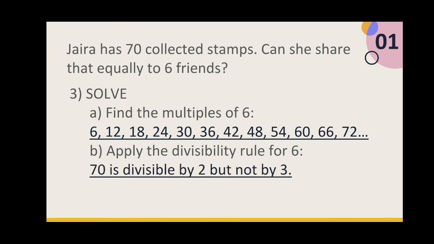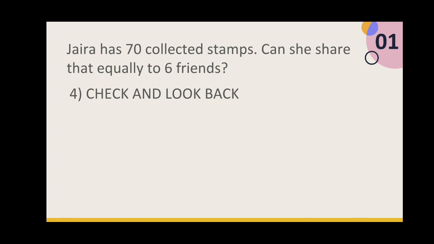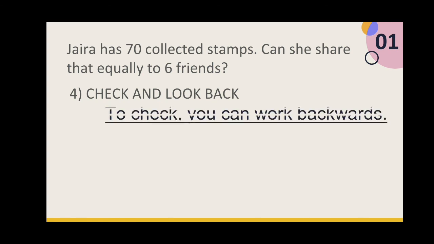Therefore, 70 is divisible by 2 but not by 3. So it is not divisible by 6. Therefore, Jaira can't share the stamps equally with 6 friends. Step 4, check and look back. To check, you can work backwards.